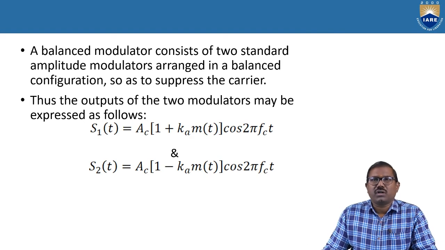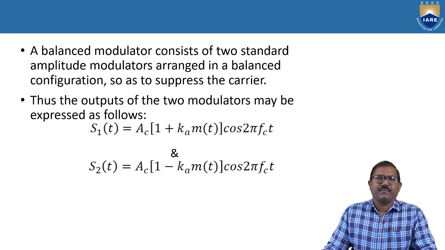Here s1 of t is represented as Ac of 1 plus Ka m of t times cos 2 pi fct. This is nothing but amplitude modulation, the standard AM equation.